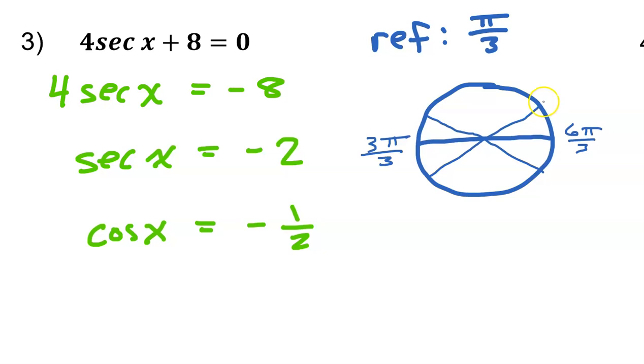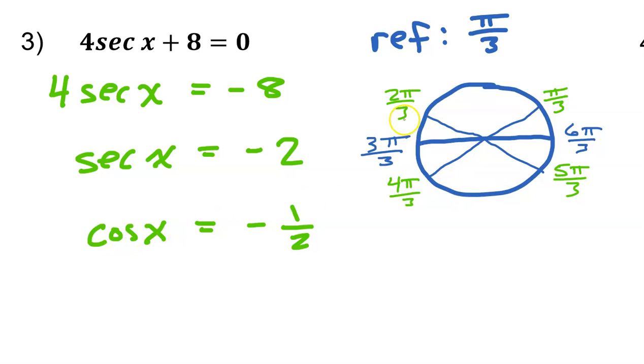In the first quadrant, we simply have the reference angle. So in the first quadrant, we have pi over 3. But in the second quadrant, this is one position before 3 pi over 3. So this would be 2 pi over 3. One position after 3 pi over 3 would be 4 pi over 3. One position before 6 pi over 3 would be 5 pi over 3.